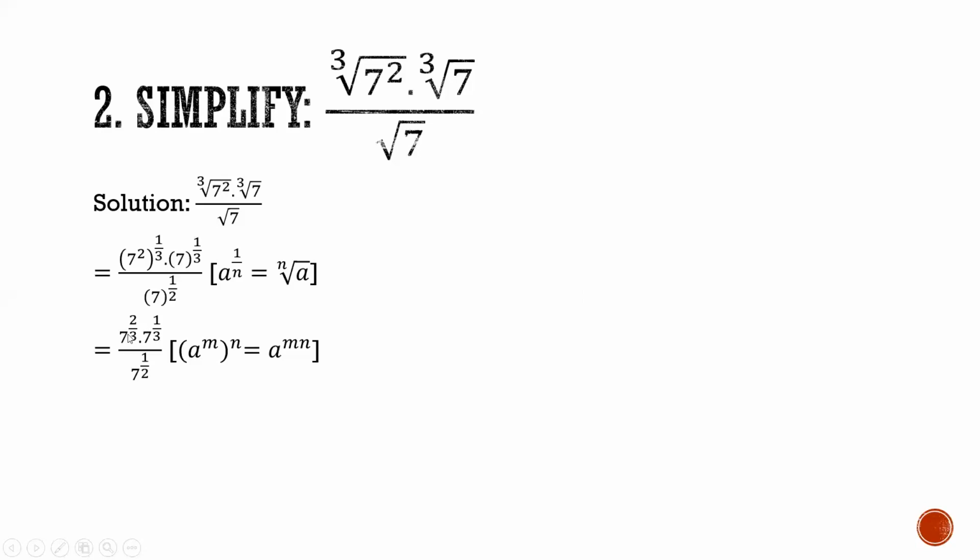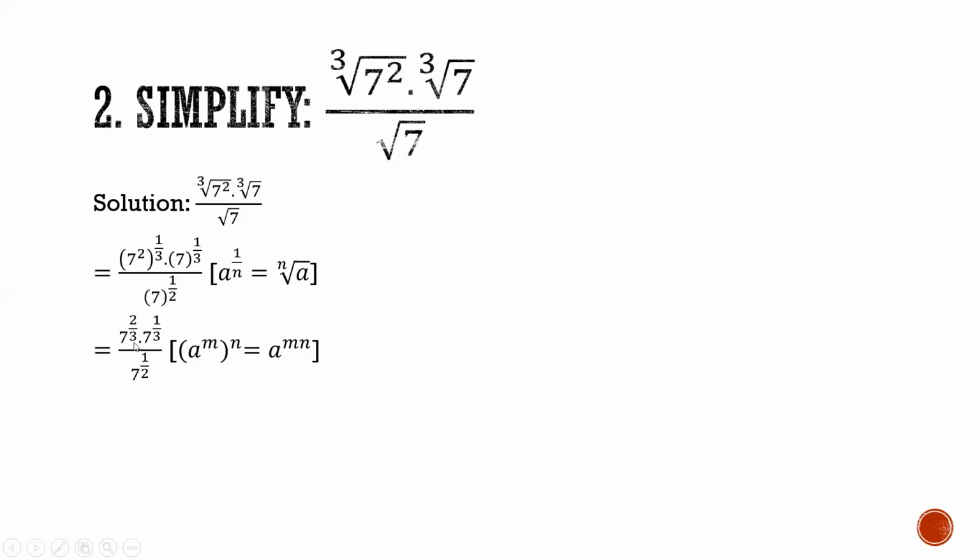So now we have to apply the law of multiplication, that was a to the power m into a to the power n. I used to remember it like this: if the base is same and there is a multiplication in between them, we have to sum the powers. So here we have the same base in the numerator. In the numerator we have 7 to the power 2 by 3 and 7 to the power 1 by 3.